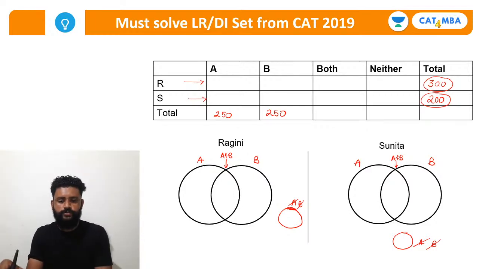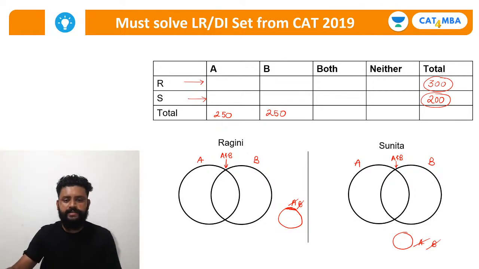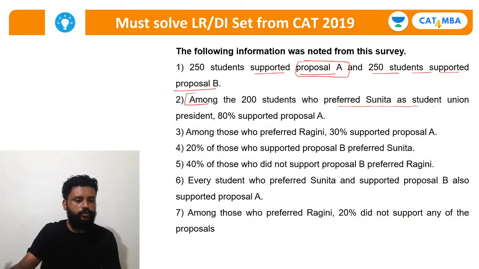Both of you understood? Sujana, Nicole, how did we get 200 and 300? Because 200 is given for Sunita, it is given in the second clue.